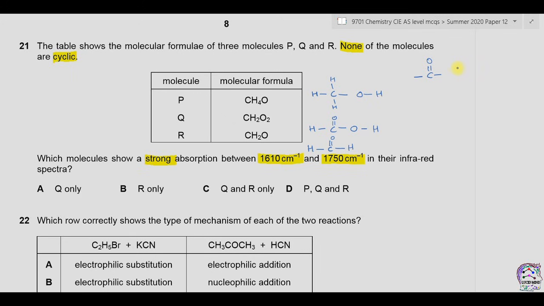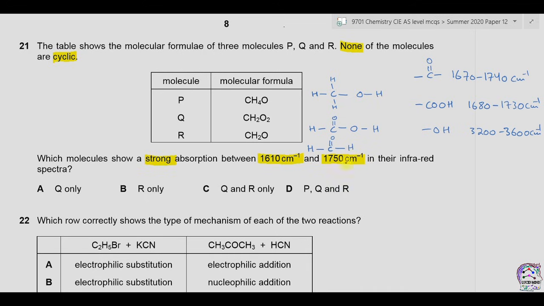It absorbs between 1670 to 1740 per centimeter. Second is the carboxylic acid group. It absorbs between 1680 to 1730 per centimeter. Third is the alcohol group. It absorbs between 3200 to 3600 per centimeter.